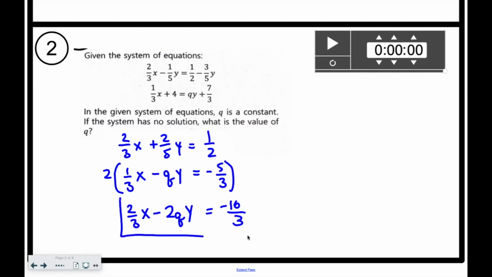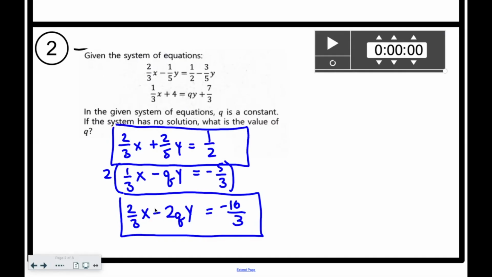And so now if I look at this equation and this equation, what I need is the X's to be the same, which they are. I just made that happen. And I need the Y's to be the same as well. So I need 2/5, the coefficient of Y here, to equal the coefficient of Y here, which is negative 2Q.